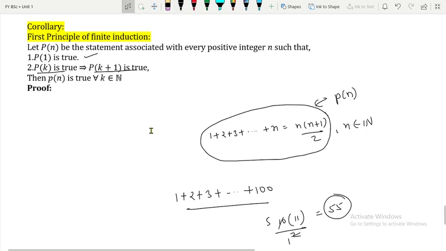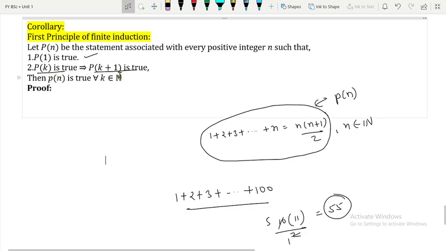I will repeat what I have told you. First prove that P of 1 is true, then assume that P of k is true, and with the help of that try to prove P of k plus 1 is true.